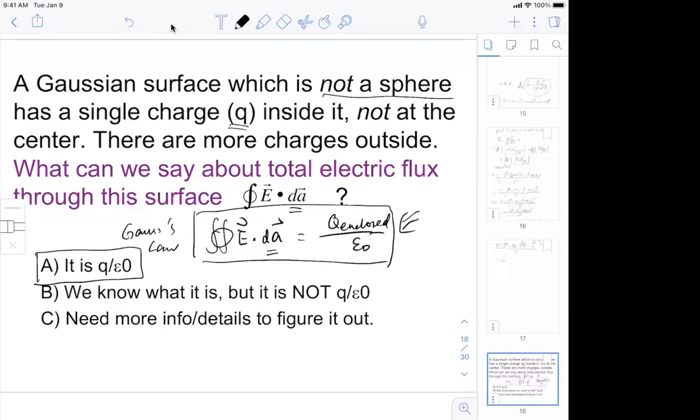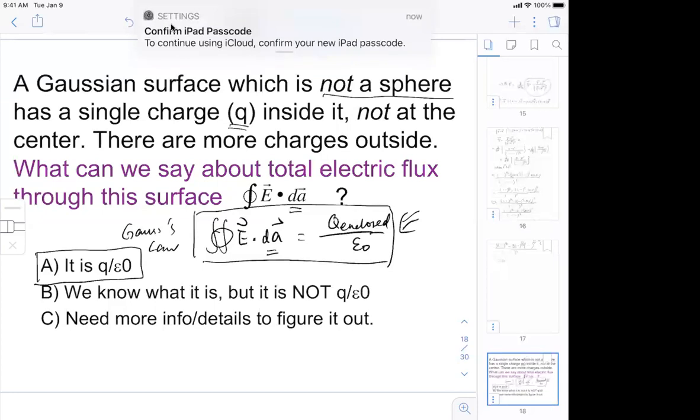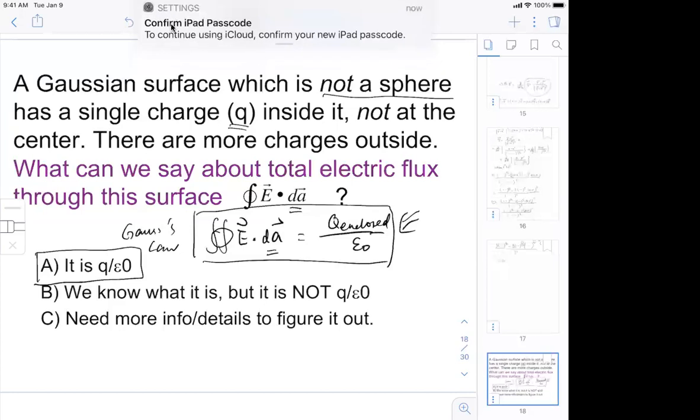Now, one way to think about why the area doesn't matter, if I may use an analogy, is let's say you build a surface around a water faucet. The Q enclosed in this case is like how many faucets you're enclosing.